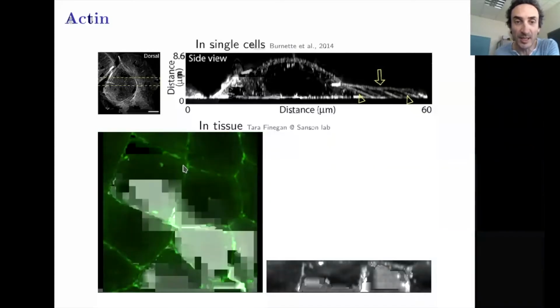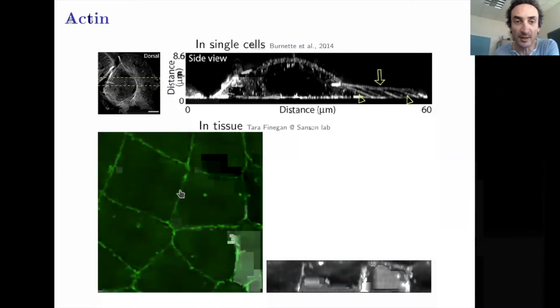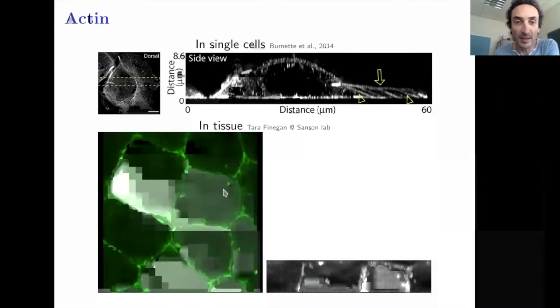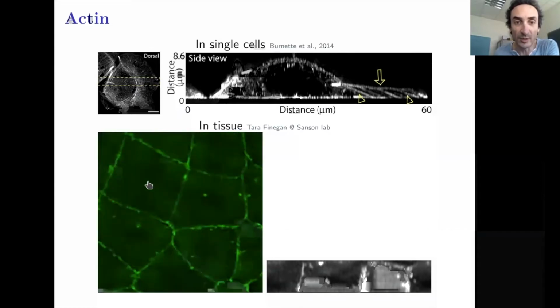So you see actin, which is fluorescent in green here, is really at the cell edges and forms a dome at the top. This is what you can see also in this cut of this image. So you have actin at the junctions between cells, and actin also at the top of the cell.